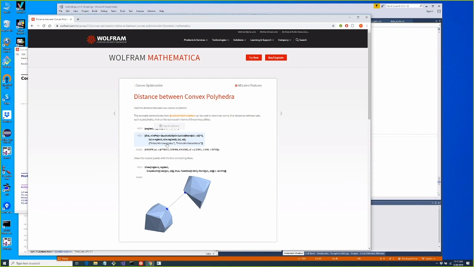So here I've asked for the primal minimum value, and that actually gives me the square distance. And I can also get the primal minimizer rules, which are the variable rules, and this is what the default output is that I've shown you before. It gives you the rules, which give you the values of variables that give that minimum value.